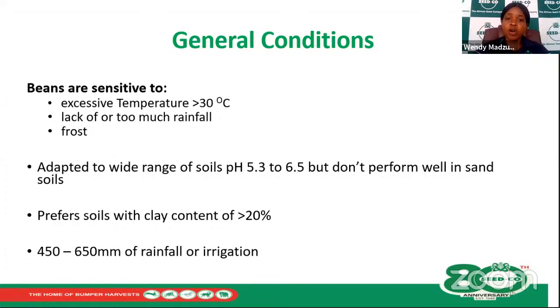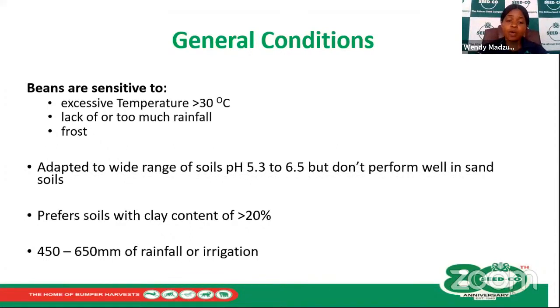It is also not a crop to be established in frost-prone areas during periods of frost. However, the crop is highly adapted to a wide range of pH levels from 5.3 to 6.5 on the calcium chloride scale, but it doesn't perform very well in sandy soils.